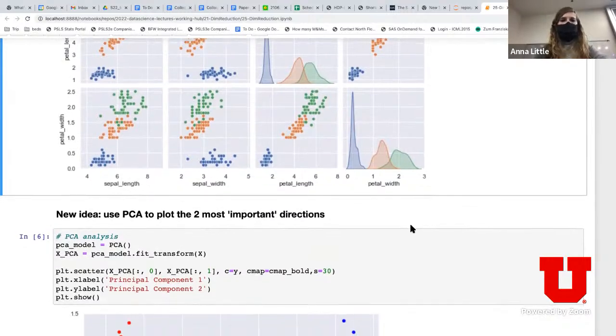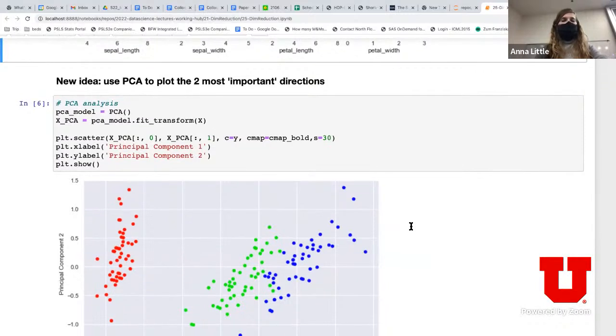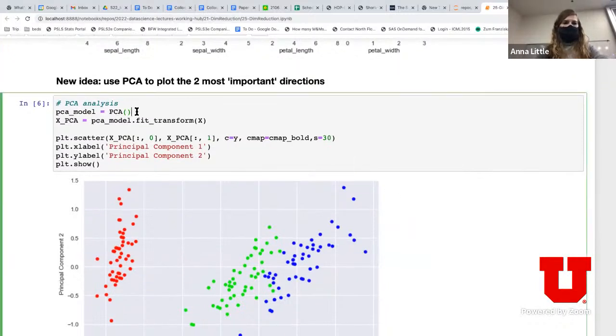Okay, so let's see how we can visualize this data with PCA, with our new tool. First, we specify that we're doing a PCA model. Then we call the PCA model's fit_transform, which computes the new coordinates of the data.